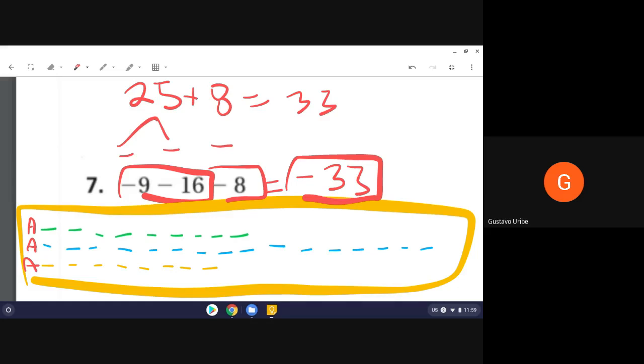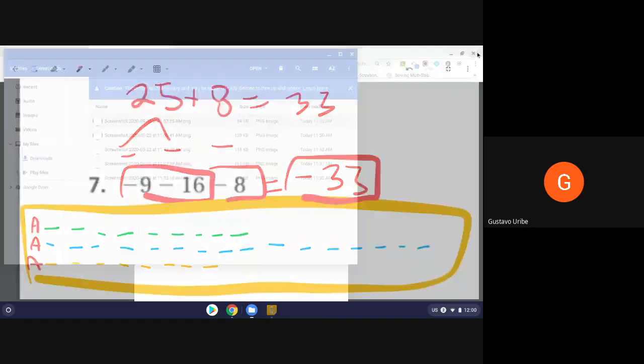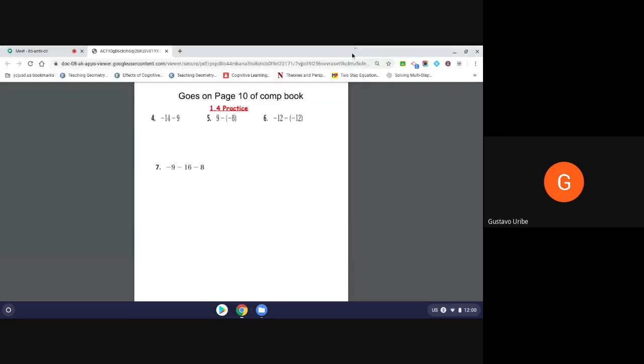So you have 9 apples, then you get 16 apples, and then you get 8 more apples. How many apples do you have in total? It's just another way of expressing this. Just remember our answer was negative because all 3 numbers were negative. They were the same sign, so we just added them and we kept the sign.